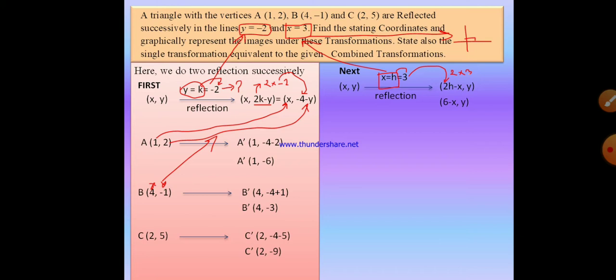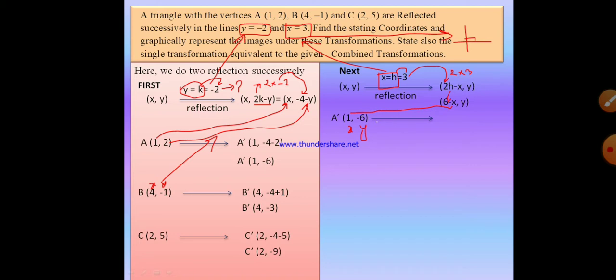Now let's find the final images. A double dash from A, simply we need to input x and y from A dash, B dash, and C dash in this case. Now let's start from A dash. (1, minus 6), so 1 is x and y is minus 6.